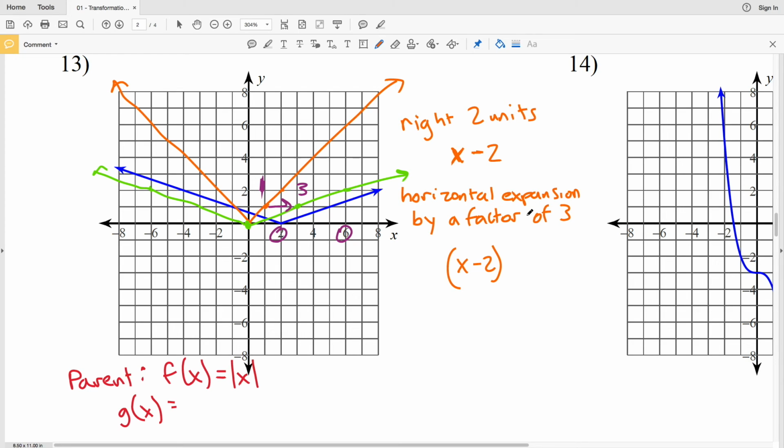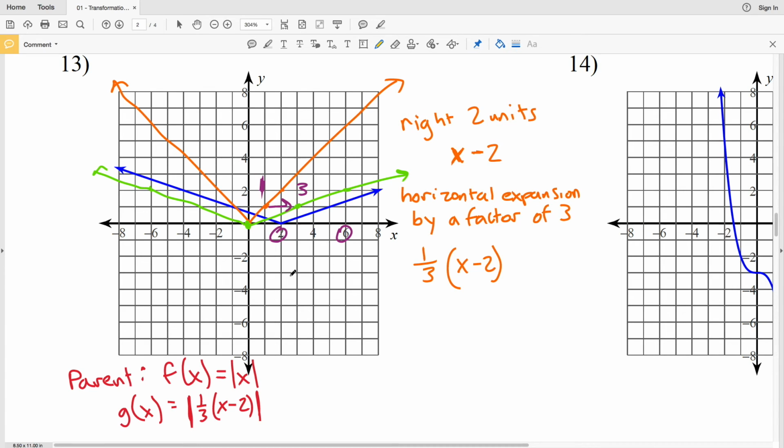And for that horizontal expansion, we're going to be multiplying by 1 over the factor. So that will be 1/3 times x minus 2. So both transformations happen within the function, so to the variable. Therefore, we're going to have the absolute value of 1/3 times x minus 2. So the absolute value of 1/3 of x minus 2.